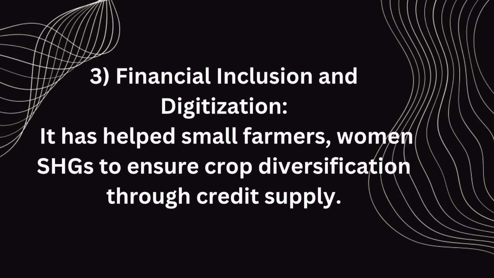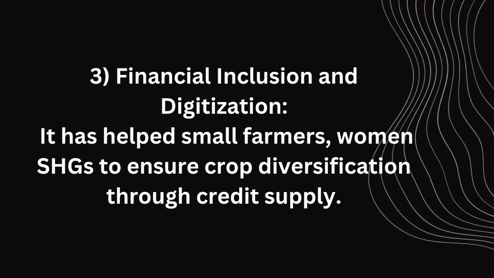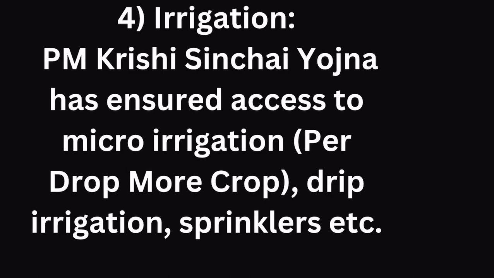Next point is financial inclusion and digitization. It has helped small farmers, women, self-help groups to ensure crop diversification through credit supply. Next is irrigation. Pradhan Mantri Krishi Sinchai Yojana has ensured access to micro irrigation, per drop more crop. That is drip irrigation.